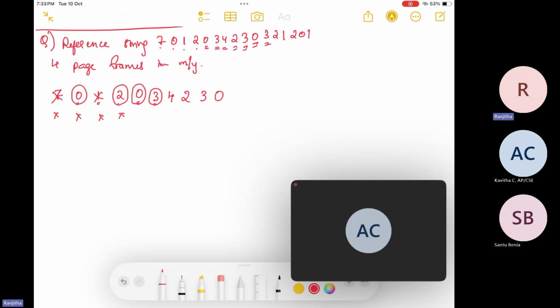Now when 3 is referred, 3 is already there. Bring it to the front. 2 is already there. Bring it to the front. 1 is referred. So 4 is the least recently used one and 1 is not there. It's a page fault. So we need to replace 4 with 1.